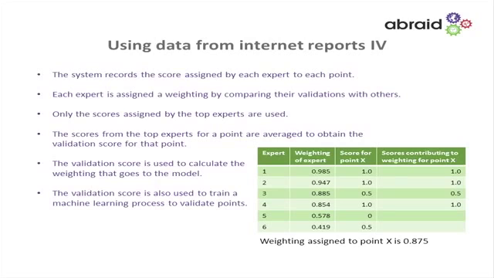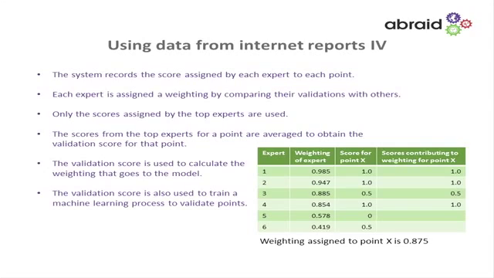And so in this example, we chose a threshold of an expert weighting of 0.6. And you can see in the table in the bottom there that the top 4 experts, have ranked them, and the top 4 all had an expert weighting greater than 0.6. The bottom 2 didn't. So the top 4 scores went through, and an average of those is very simple. We just take an average.